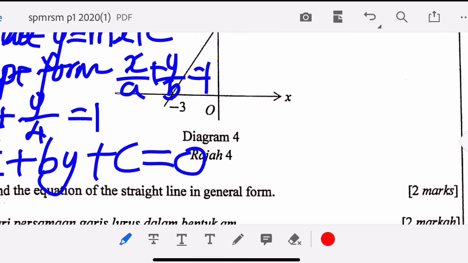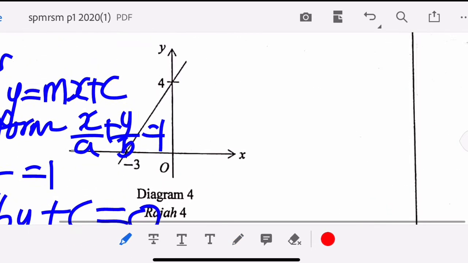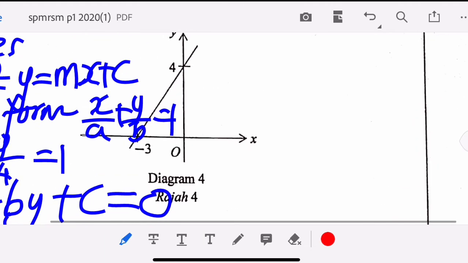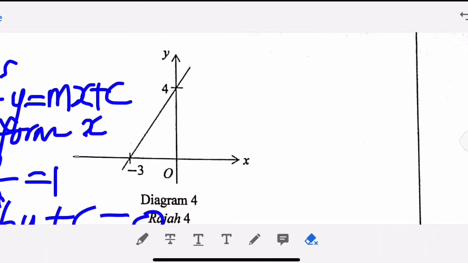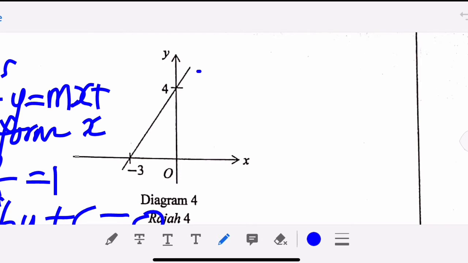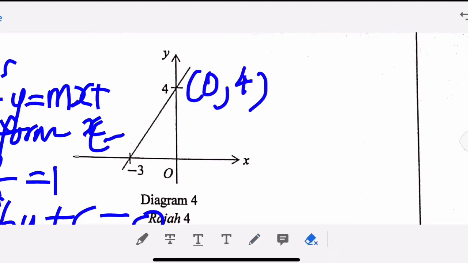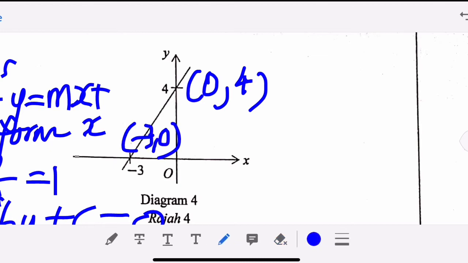Okay, so now we can find the equation using the gradient. So if you forgot the shortcut for finding the gradient, you can use y2 minus y1. So you just find m is 4 minus 0 over 0 minus negative 3.